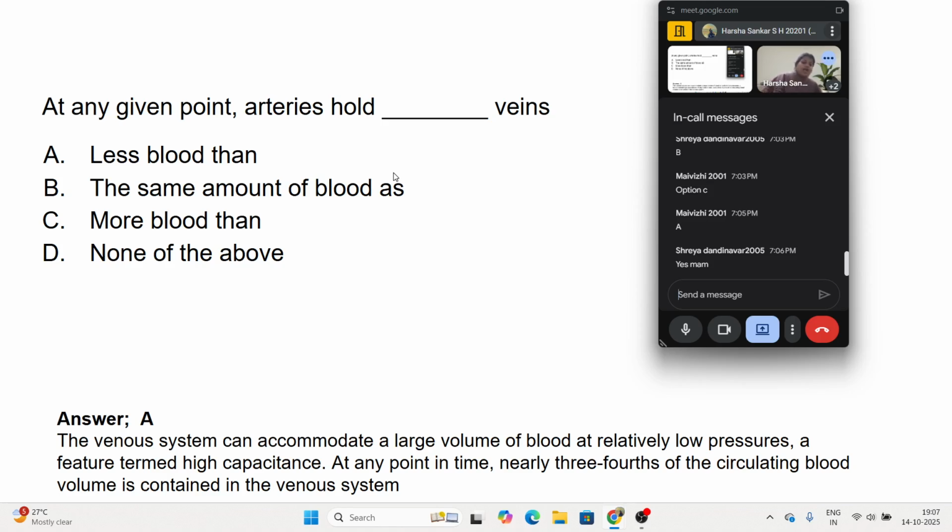At any point in time, nearly three-fourths of the circulating blood volume is contained in the venous system. Whenever we calculate our total circulatory blood volume, almost every time three-fourths is in the venous system. The remaining is in the rest of the vessels.